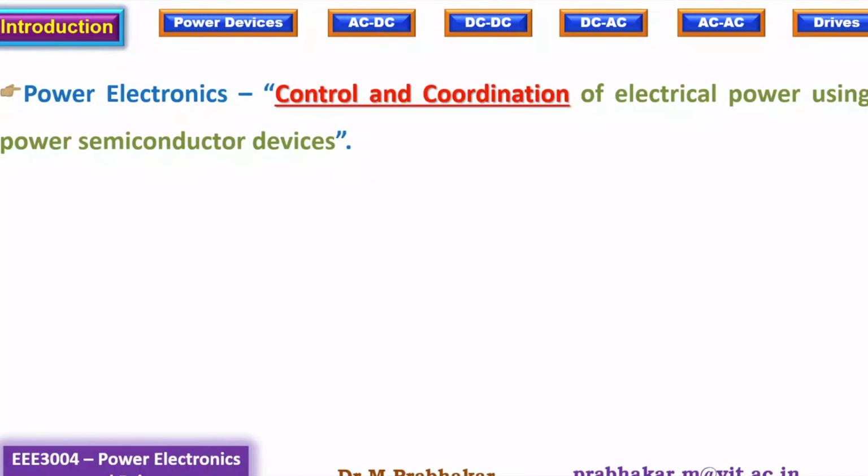Those combinations of blocks are going to be working in tandem with one another, which means in coordination with one another, so that you get a particular desired output. You get what you want from that overall combination of blocks. This is actually control and coordination.